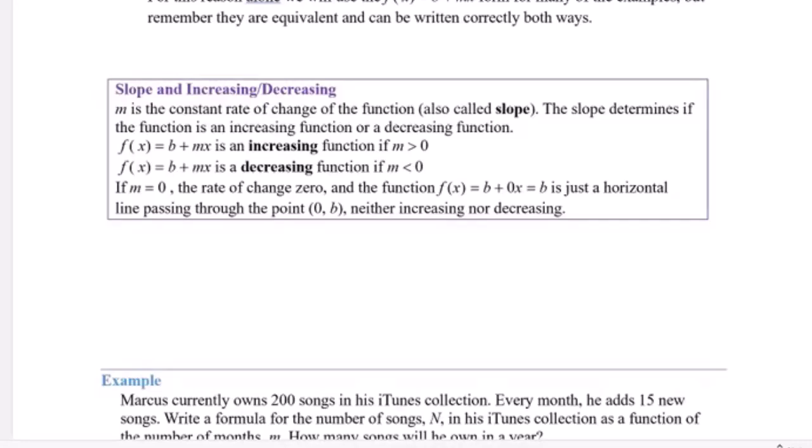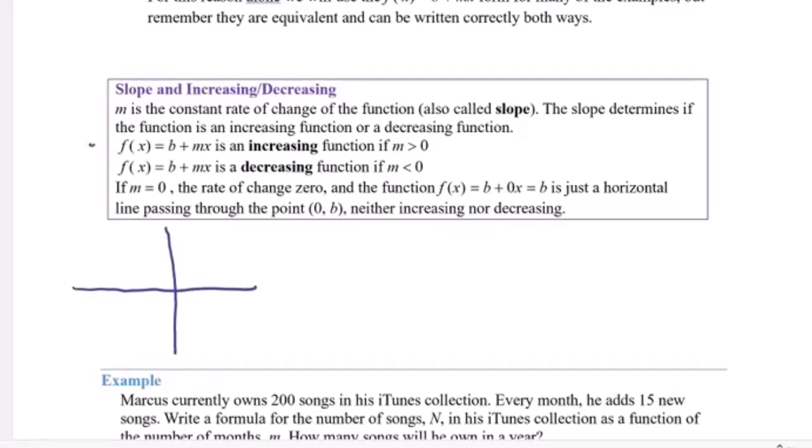Let's talk about increasing and decreasing slopes. M is the constant rate of change of the function, which is also called the slope. It's a constant rate of change for every line. Whenever we talk about things that aren't lines, we may not have a constant rate of change, but for lines, we will always have a constant rate of change. So let's talk about each one individually.